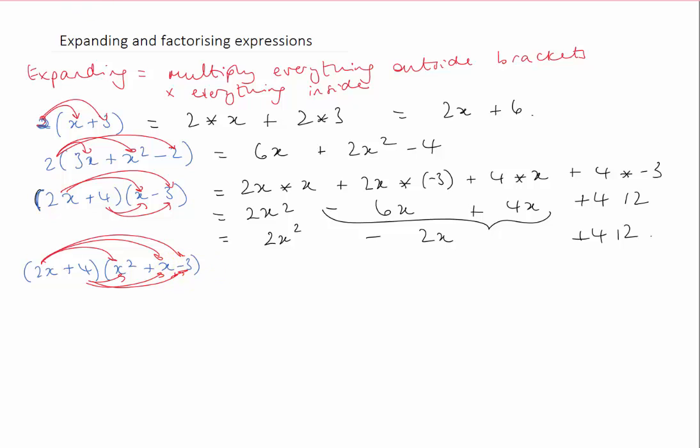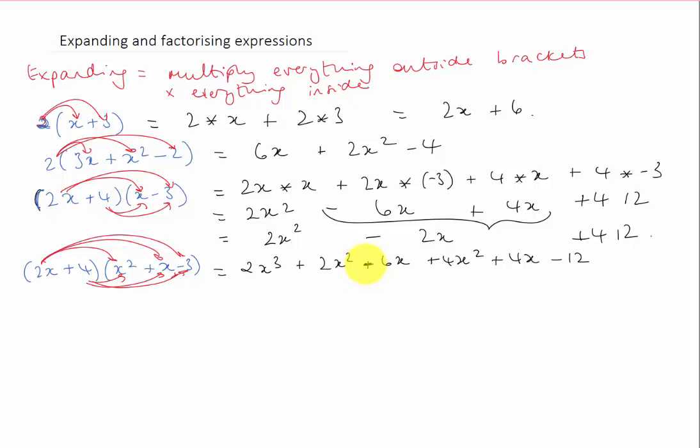So that would give us 2x cubed plus 2x squared minus 6x plus 4x squared plus 4x minus 12.